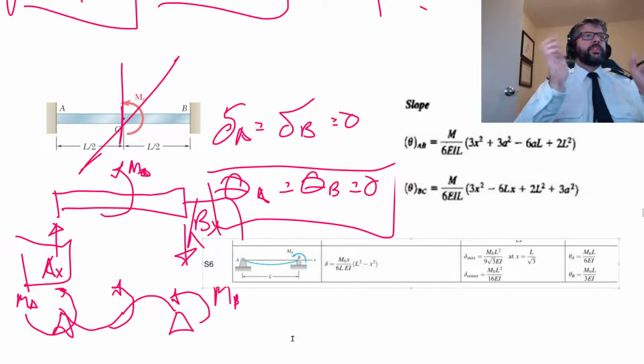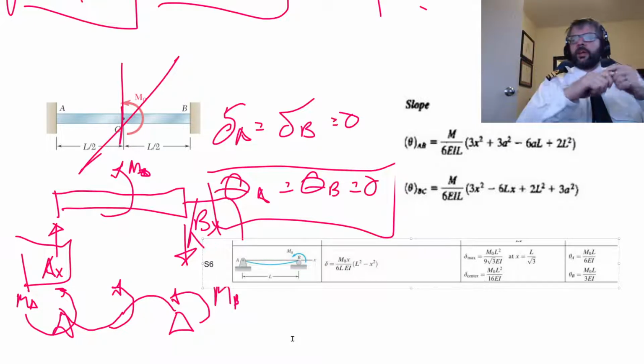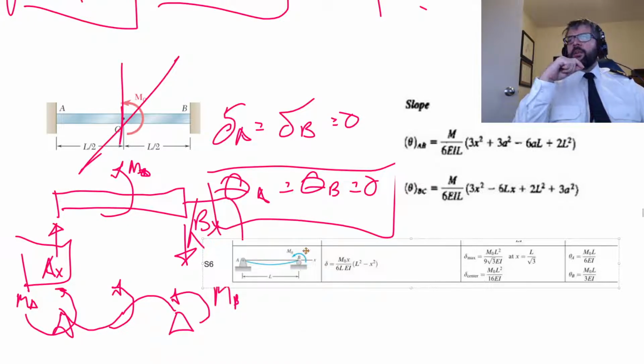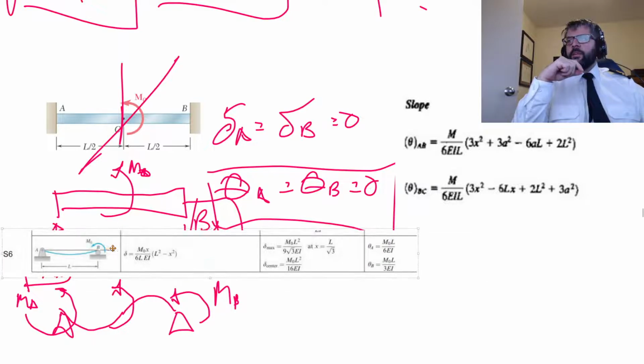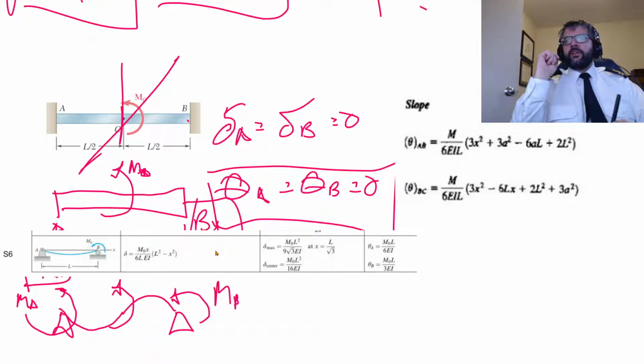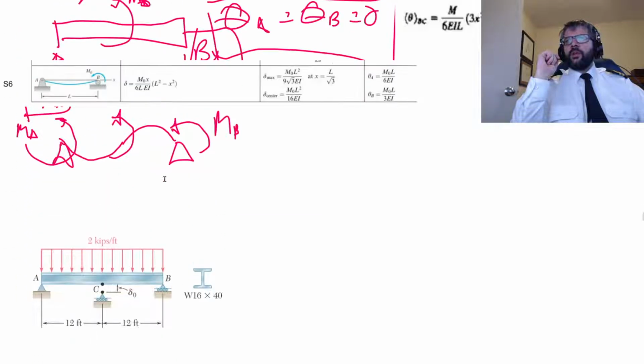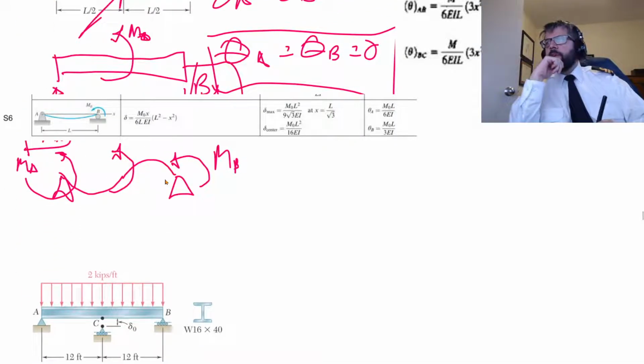Again, those moments need to be in equal and opposite directions, applied at the other end, and then basically we just need to take the combined effect of the slope at either end due to, here, we'll just draw this out here.